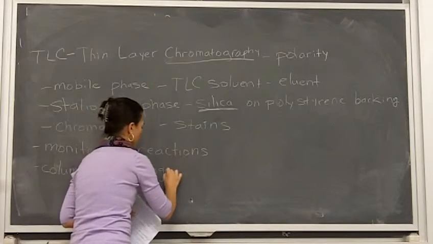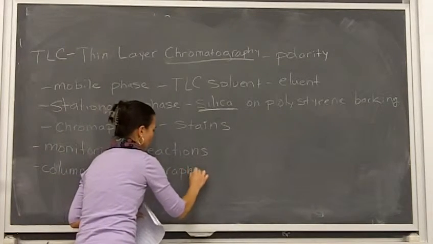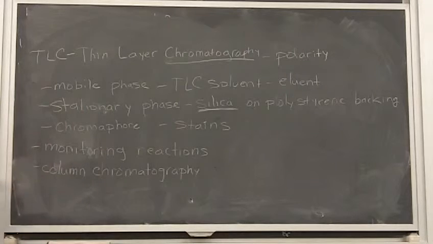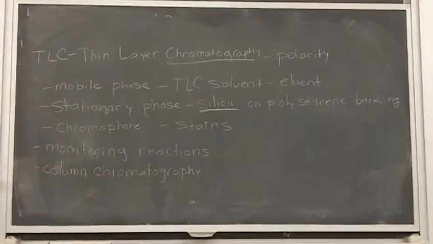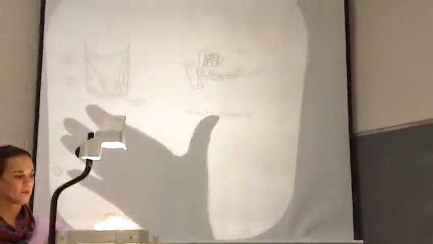Column chromatography and thin layer chromatography are basically the same principles, used in a slightly different manner, but the same idea pretty much. So we are going to be looking at the progress of our reaction with TLC.